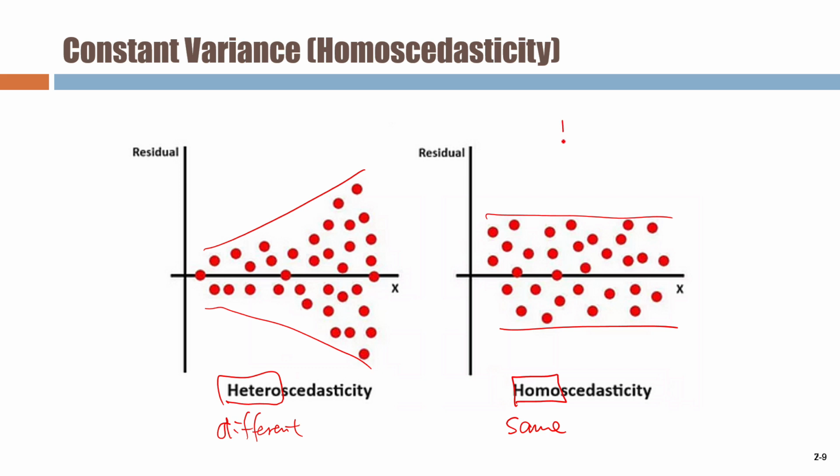We won't have this assumption, and if we have this problem, you may have to change something. That's why we may apply a log transformation or something else to resolve this problem. So you can check that our linear regression model doesn't violate any assumption, and you can see it using residual plots.